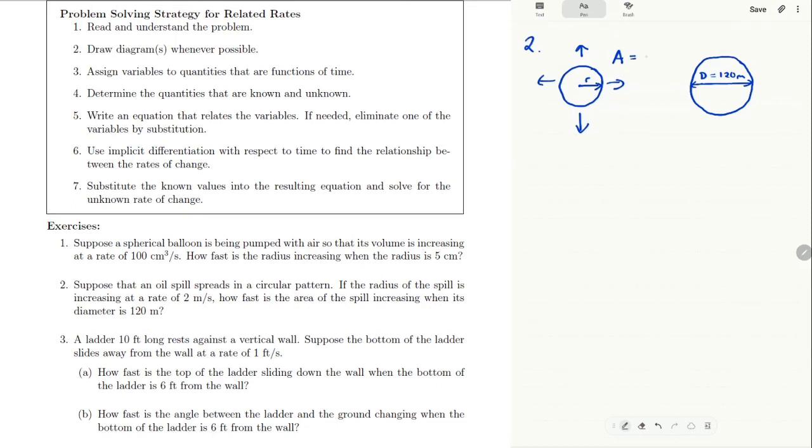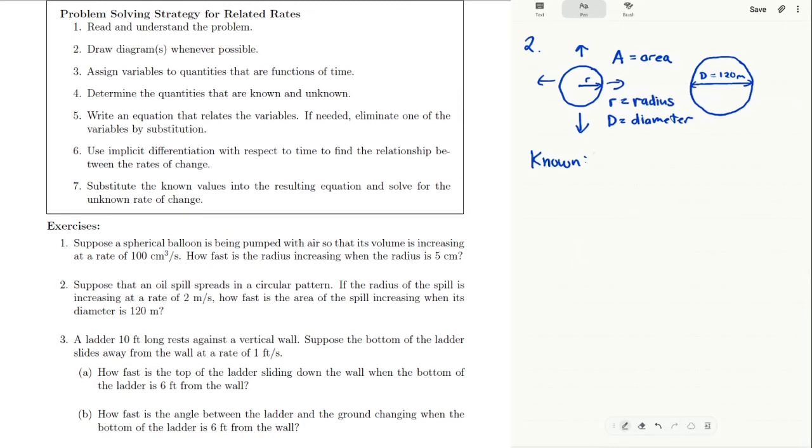So we'll let A be the area of the oil spill. R is going to be the radius of the spill, and we'll let D be the diameter. So now let's write down what we're given. We know that the radius of the spill is increasing at 2 meters per second.